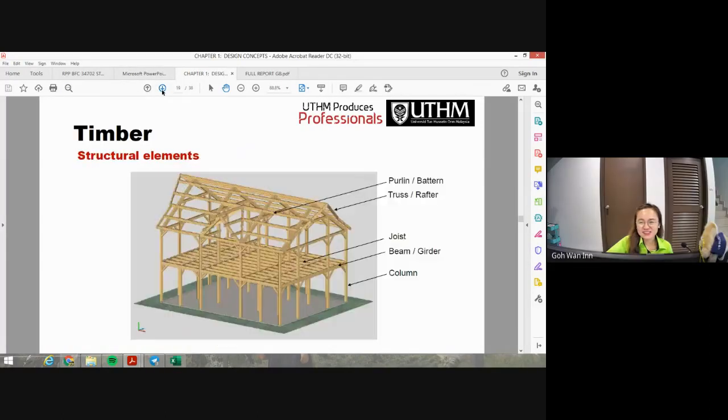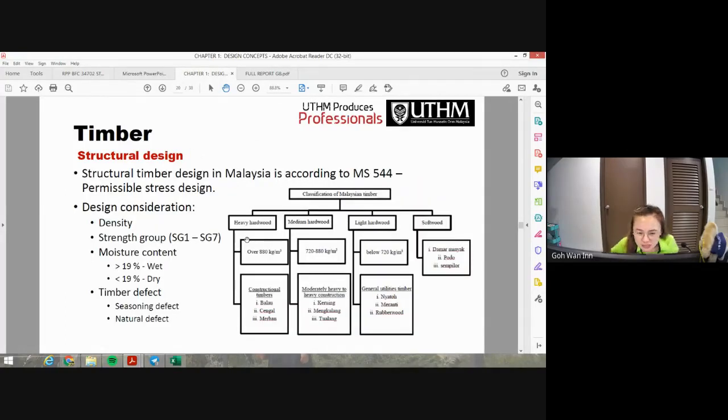Okay. So this is the timber structural elements. You can see this is the purlins, the truss, the joints, the beams, and the columns. Okay. So this is the timber structure example for you. Structural timber design in Malaysia is according to MS 544.